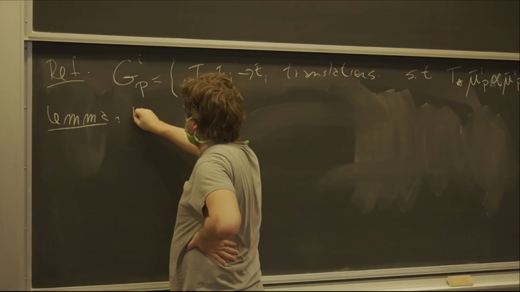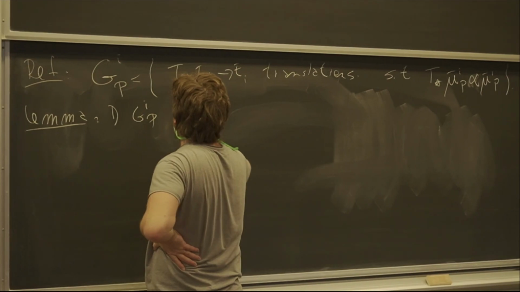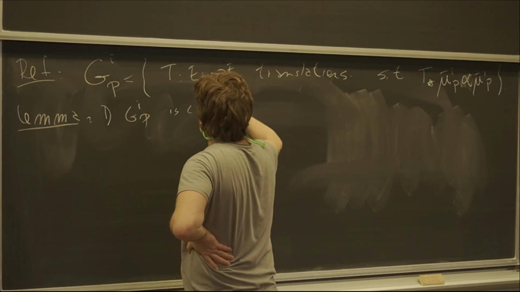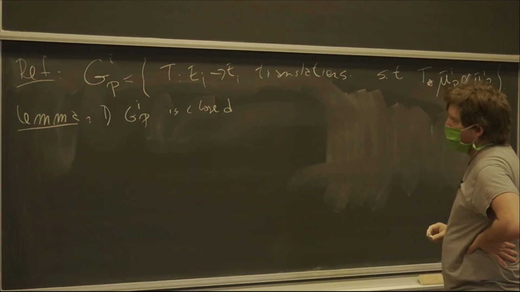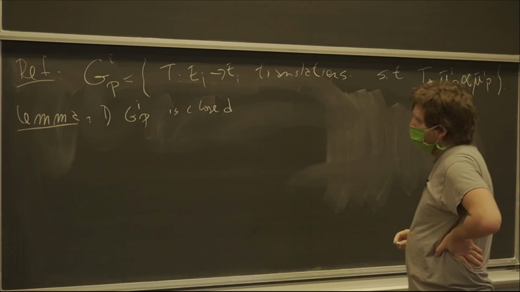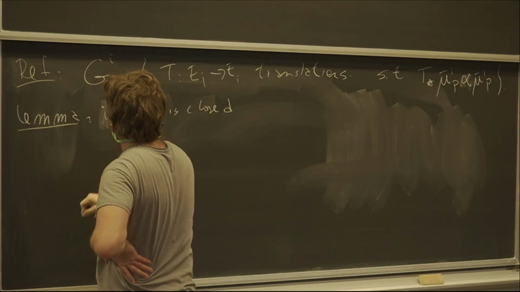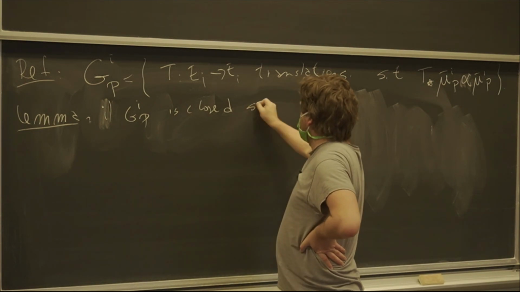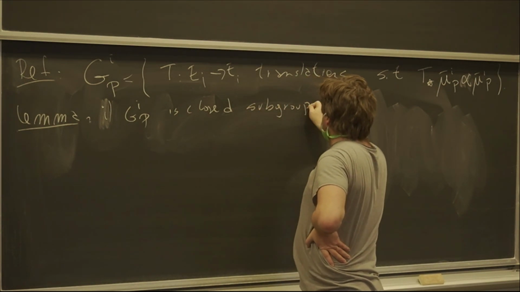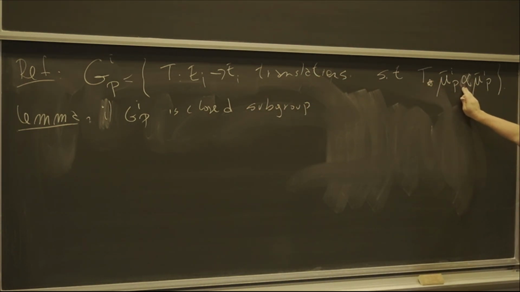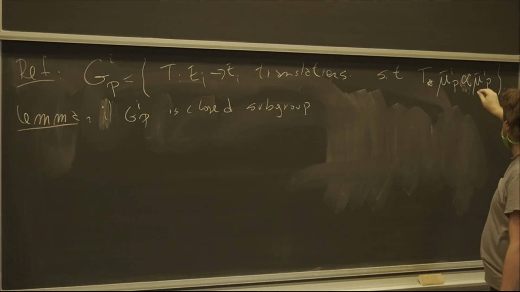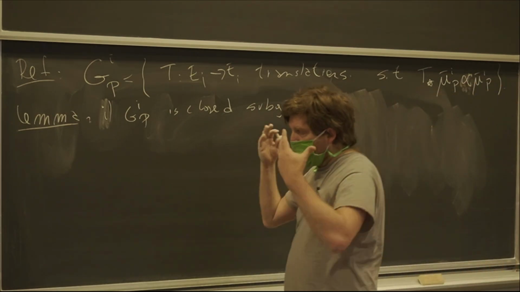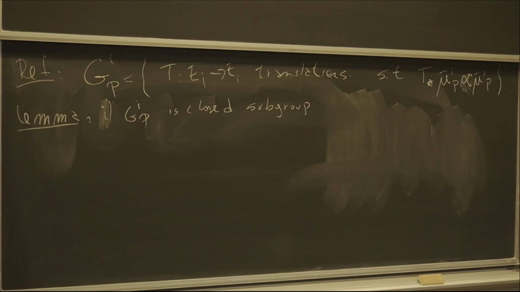It says two things. One, GIP is a closed subgroup. This requires a proof. If I put an equality here, it would be really a triviality, but I'm not putting an equality there, so it really requires some proof, because the constant could be exploding, and then you have to be careful.